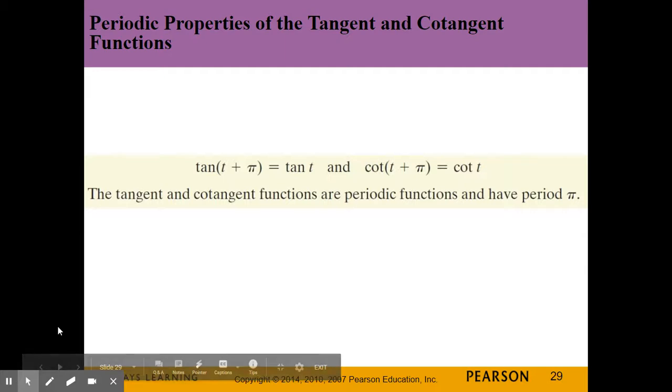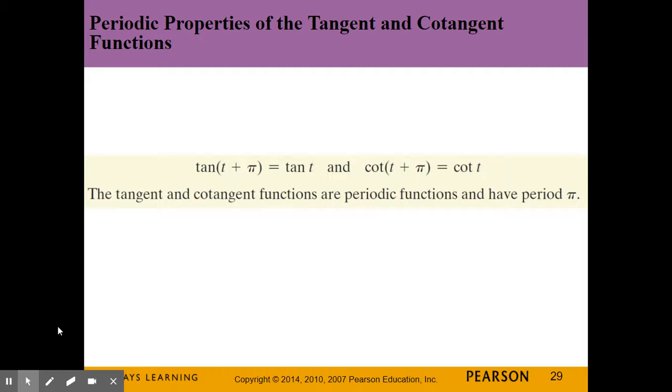Tangent and cotangent actually cycle through just by going halfway around the circle. Since you're dividing, the thing that makes the sine and the cosine different on opposite sides of the circle is that one side's going to be positive, one side's going to be negative.